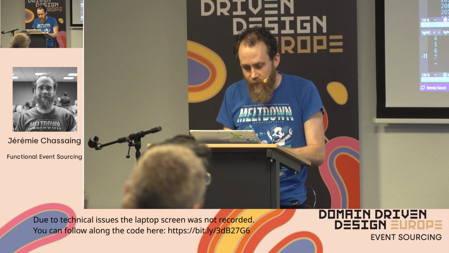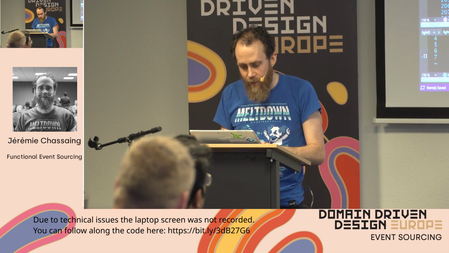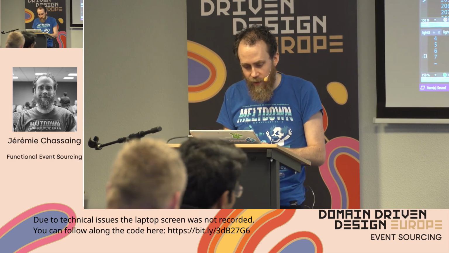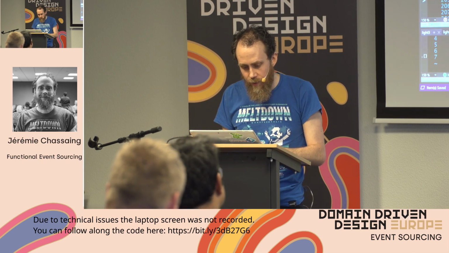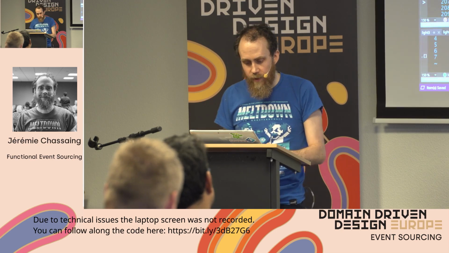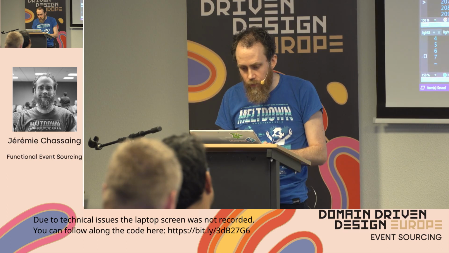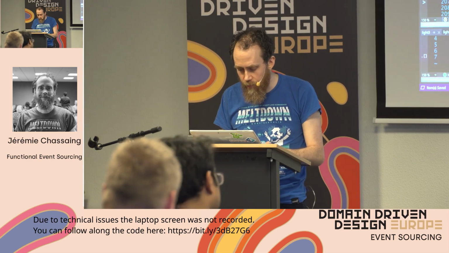So let mutable saved. It's totally not very functional code, as you can see. Set it to false, while not saved, do. And the thing is that the only thing I need to add is to load, but not from the start.